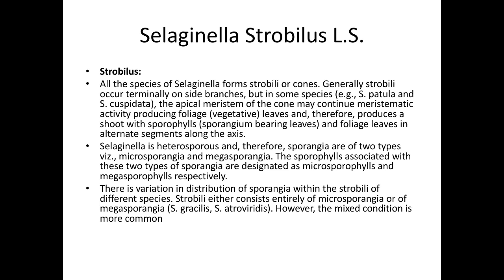Strobilus. All the species of Selaginella form strobili or cones, generally terminally on side branches, but in some species the apical meristem of the cone continues meristematic activity, producing foliage leaves.